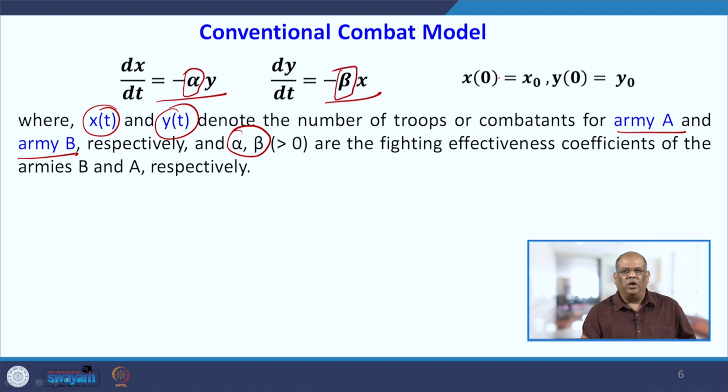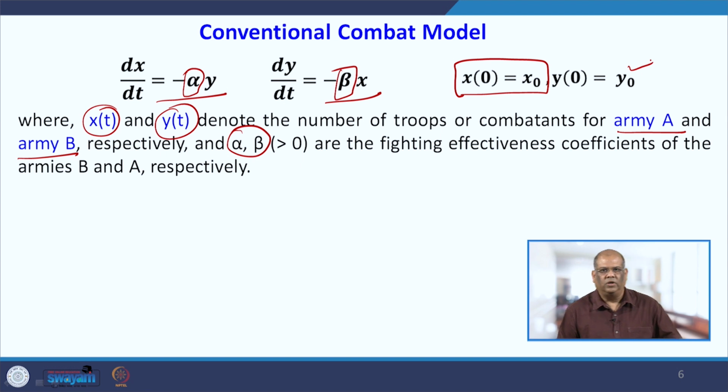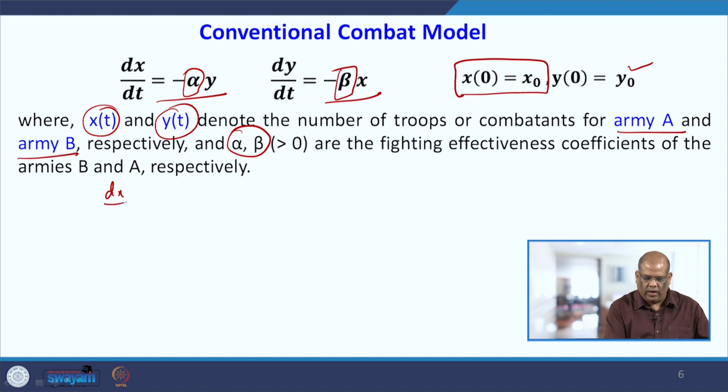There should be some initial troops for both sides: army A started with x0 and army B started with y0 at time t equal to 0. So, now we have to solve this differential equation, and let us see what conclusion we get from here. We start with dx/dt equal to minus alpha times y.